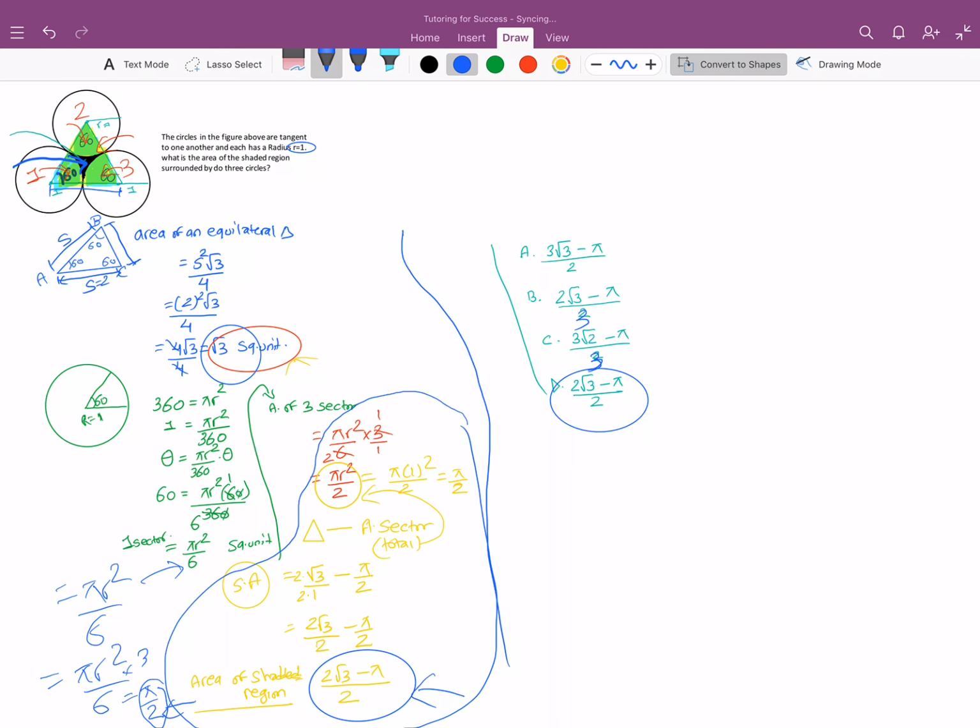So right away you can eliminate your choice B and you can eliminate your choice C because they don't have the denominator of 2. So you don't even need to know if the top part is right or wrong. The bottom part is automatically wrong, so you just eliminate that choice. So you're effectively working against A and D. So that will give you a better edge on solving this problem right.